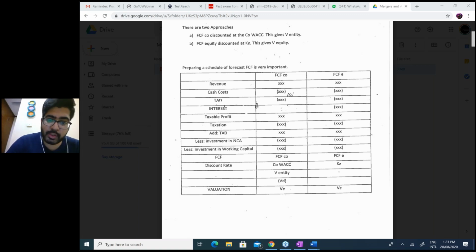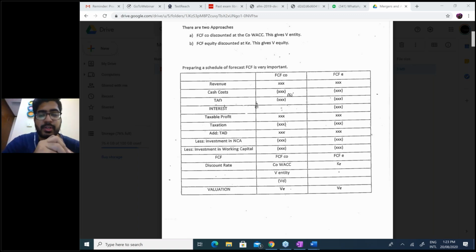when will we use which one? Now, I have two answers for this and you need to listen to both of them. The first answer. The question sometimes clearly mentions that find the value through FCF to company method. And sometimes it states find value through FCF to equity method. So you are very clear that when the question asks FCF to company, use FCF to company. When the question asks FCF to equity, use FCF to equity.